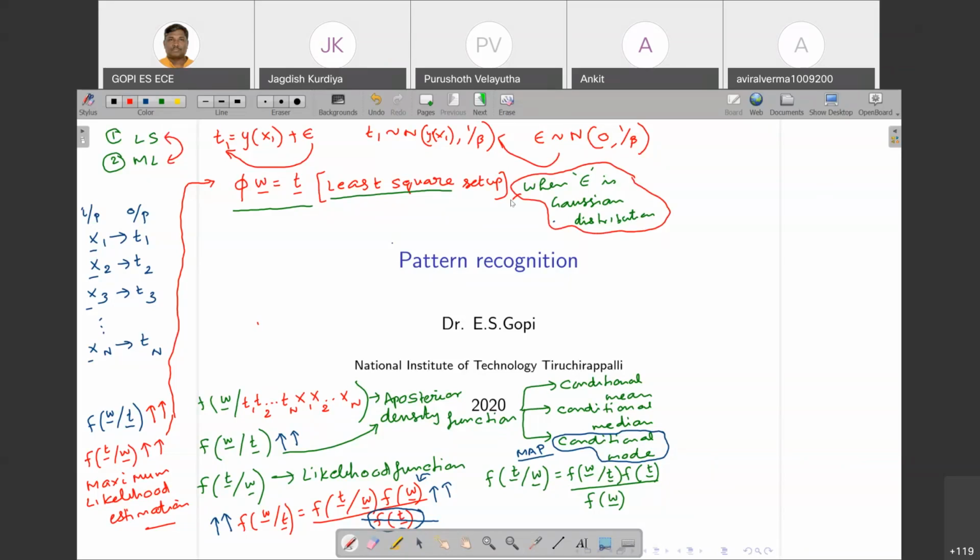And we understand that this solution w is obtained using the pseudo inverse, phi transpose phi, the whole inverse, phi transpose t. So this is the estimate for w, right? That is fine. But the only problem in this case is that it is very data dependent. It depends upon what training data you give, and you get a different estimate for w, different curves for different data sets.